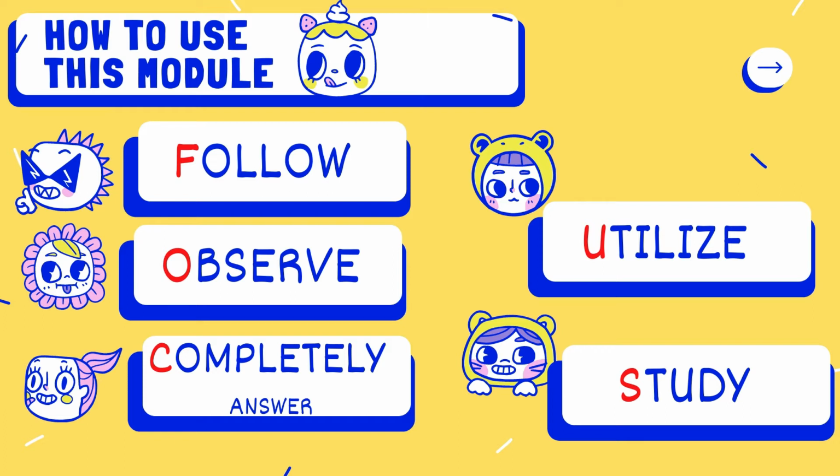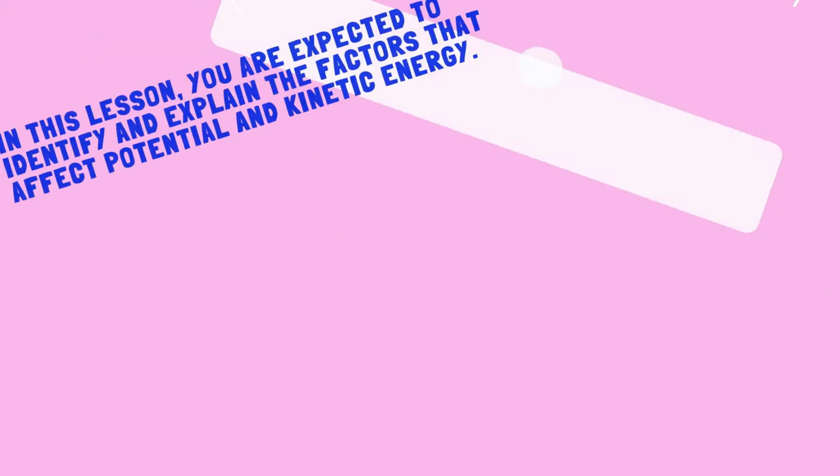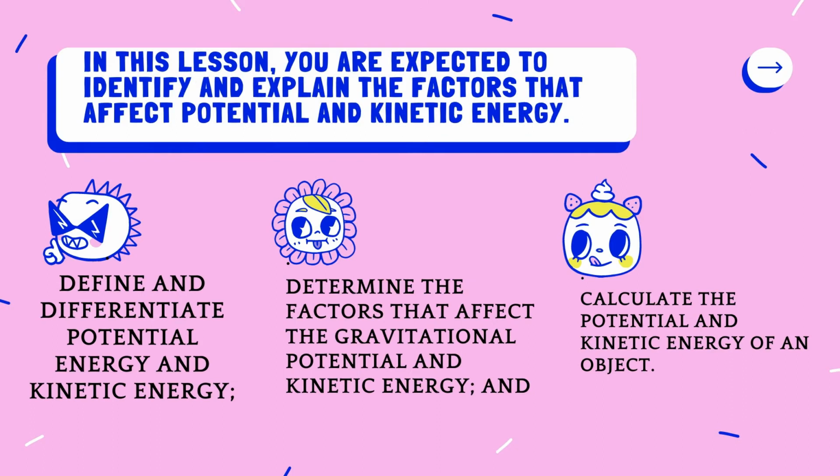In this lesson, you are expected to identify and explain the factors that affect potential and kinetic energy. For number 1, define and differentiate potential and kinetic energy. Number 2, determine the factors that affect the gravitational potential energy and kinetic energy. And lastly, calculate the potential and kinetic energy of an object.